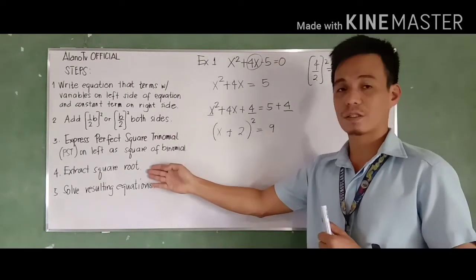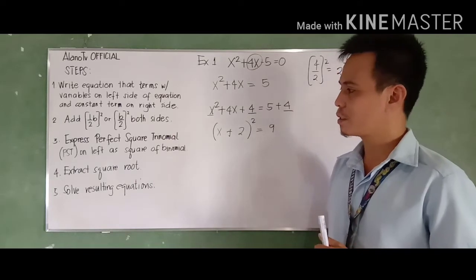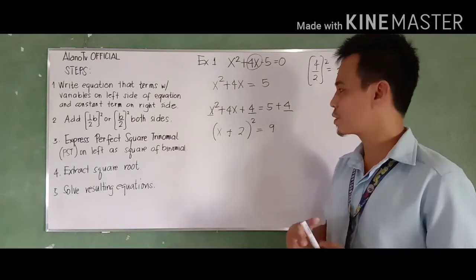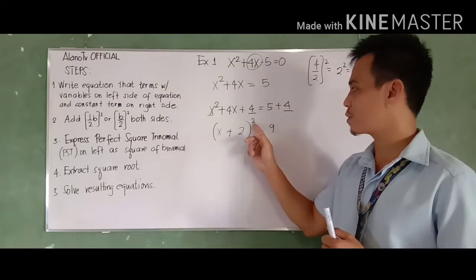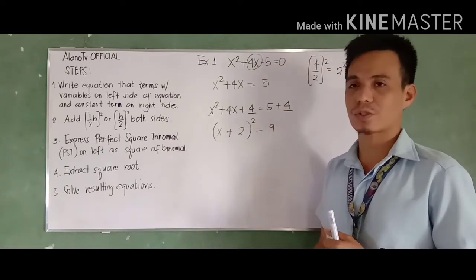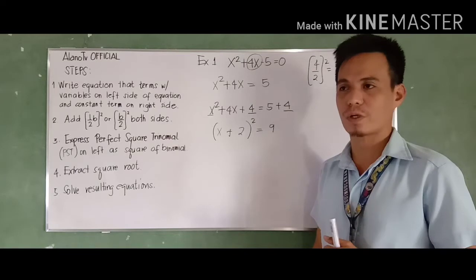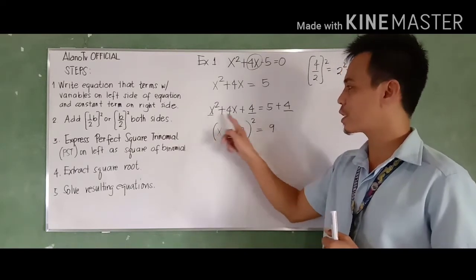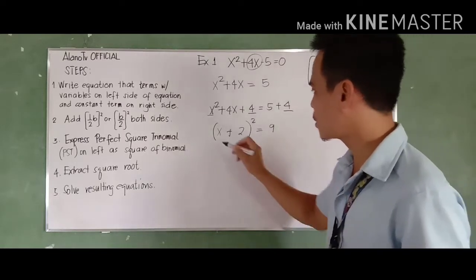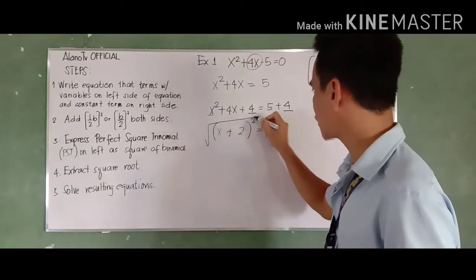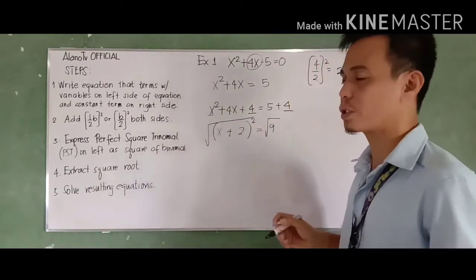Then step number 4, extract square root. Since the equation on the left side is being squared, so we have to eliminate the square. How? By putting radical sign both sides of the equation. So gagawin natin is put radical sign on both sides of the equation.